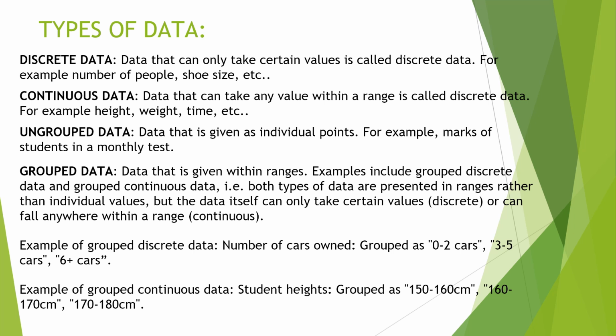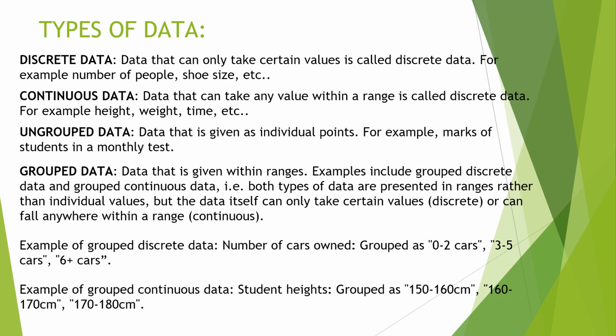It takes certain individual values. Continuous data can take any value within a given range. For example, height, weight, time, etc. You can have the weight of students as, say, 40 kgs, 40.5, 45, 50.5. It can take any value within a given range.